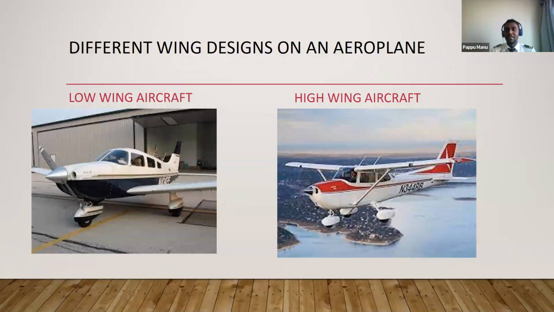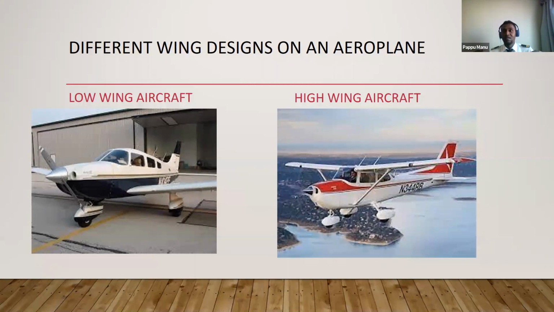But at the same time, they need a little bit extra thrust to keep the aircraft in the air. So if you have a low wing aircraft and you don't have sufficient engine power, that aircraft is going to fall down quicker than an aircraft that has a high wing.